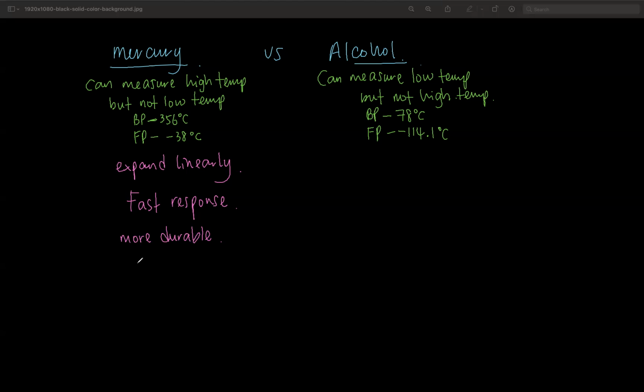And also, it is non-stick. Non-stick 意思就讲它不会粘着那个 thermometer 啊。Okay, it won't stick to the wall of the thermometer. Won't stick, yes. So we got 1, 2, 3, 4, 5. 5 advantages. All this you need to know also, because they might ask you, usually in the objective.